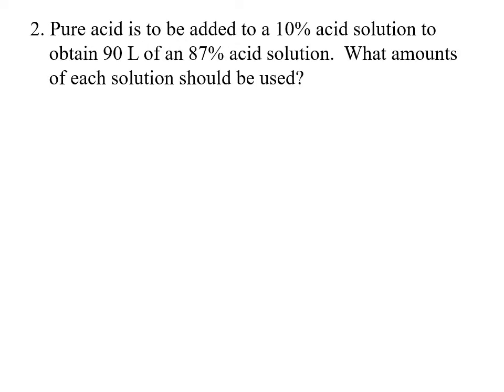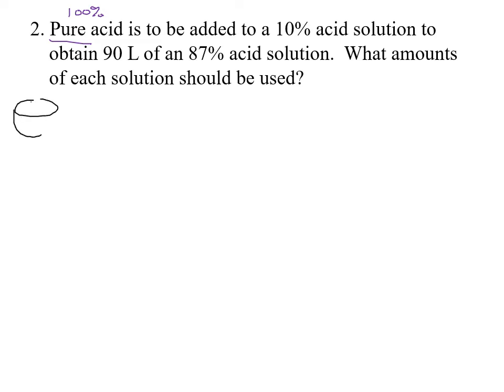So let's do another one of those, except now we're going to do it with pure. Remember, pure from back in chapter 1, that's 100%. Pure acid is added to 10% acid to get 90 liters of an 87% solution. How much should you use of each one? So same little tubs.